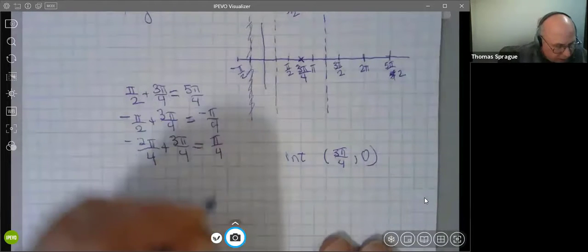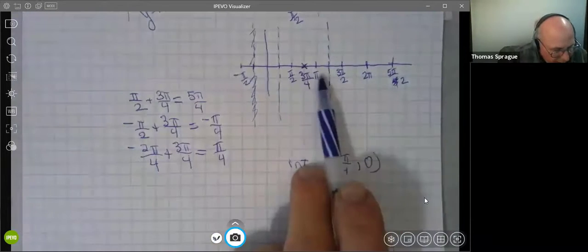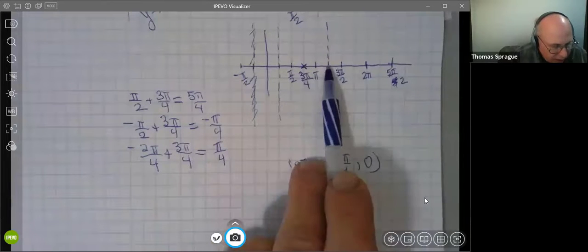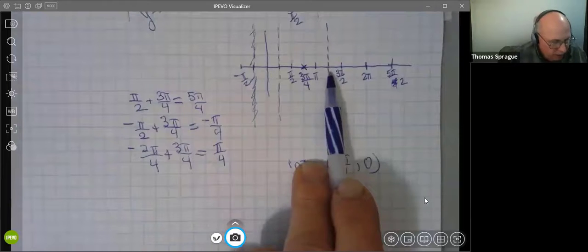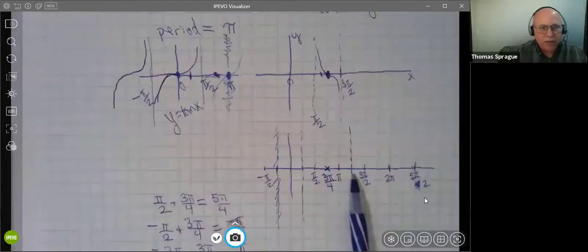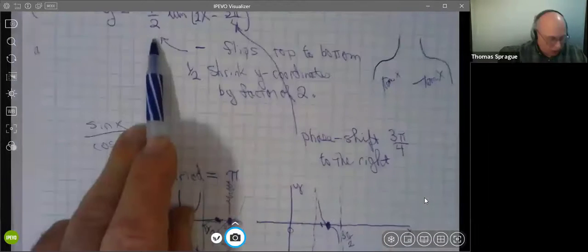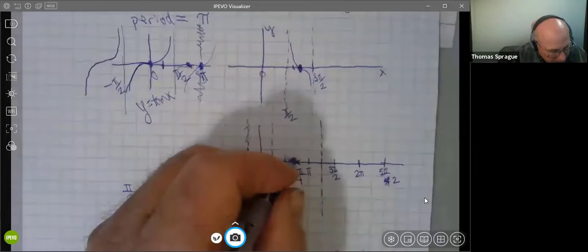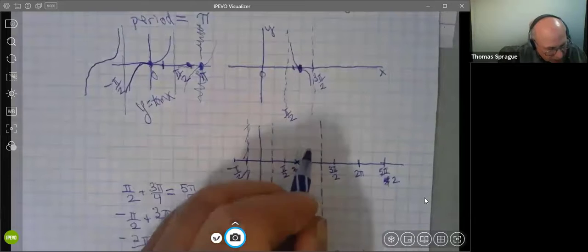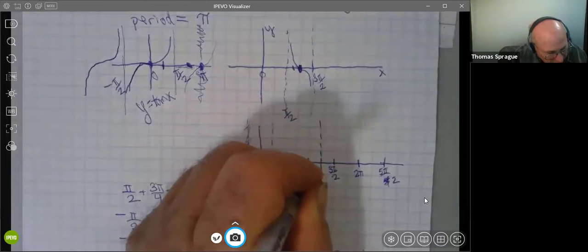Then when you go halfway between here and the asymptote, you should get a height of 1. However, this function is being multiplied by minus 1/2. So the new height, instead of plus 1, is going to be minus 1/2.